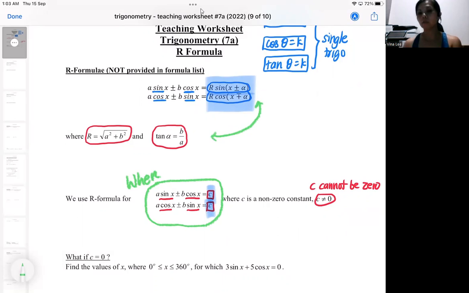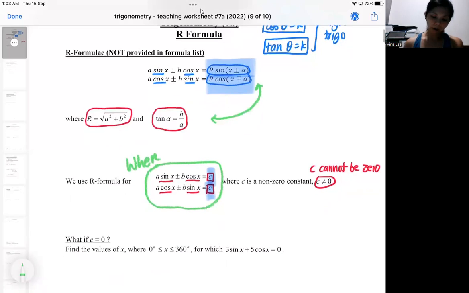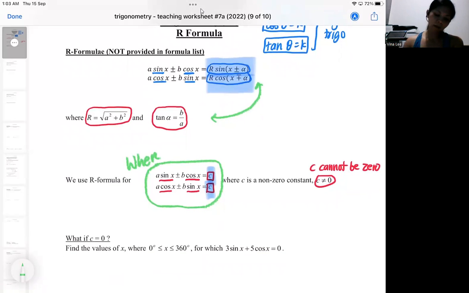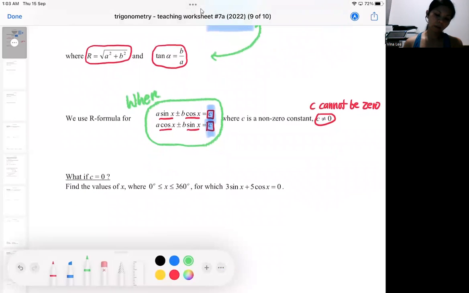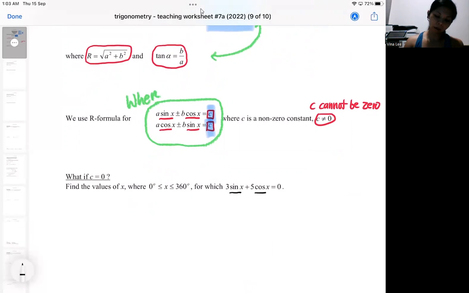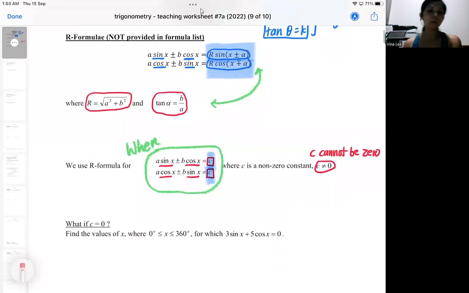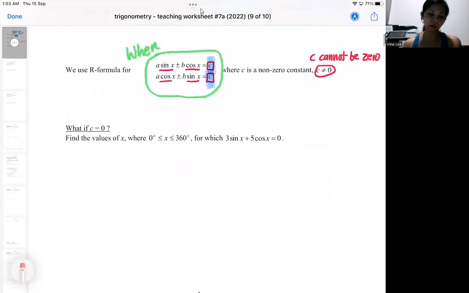The condition for when to use it is that C cannot be equal to 0. So we would like to think about what if C is equal to 0. If you look carefully, I'm adding a sine and a cosine equal to 0. The theory says that I don't need the R formula to reduce it to a single function.